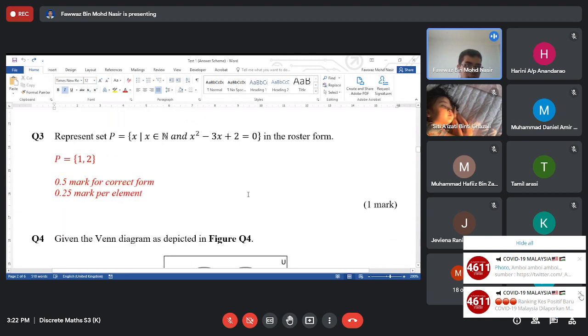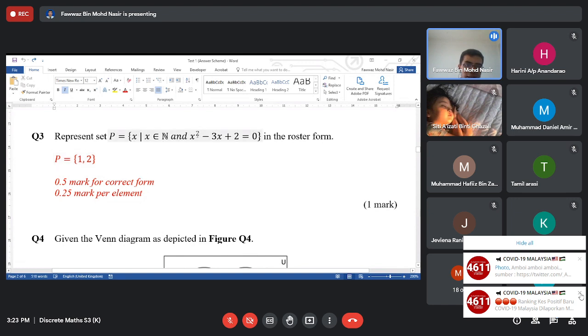Then question 3: represent set P equals {X such that X belongs to the set of natural numbers and X cubed minus 3X plus 2 equals 0} in roster form. If we recall, roster form is the form where we list down all the elements individually in the set. So basically you write P equals, open curly bracket, close curly bracket, and list down all the elements.